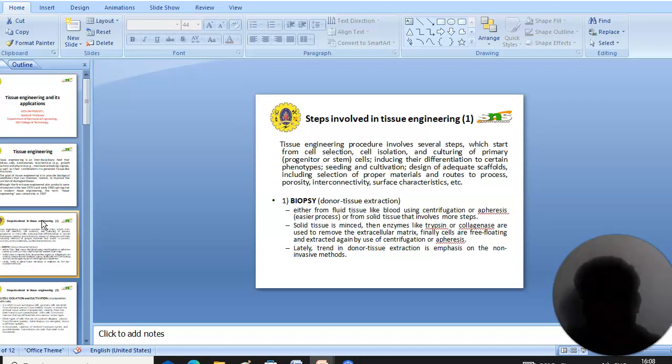The first step will be the biopsy. In this, the solid tissue is minced, and then enzymes like trypsin and collagenase are used to remove the extracellular matrix, and finally the cells are extracted with the help of centrifugation.